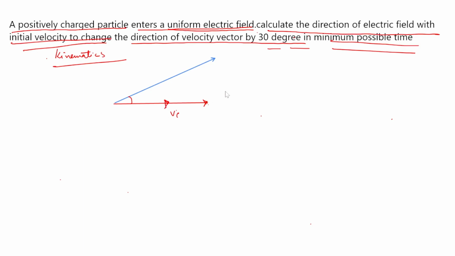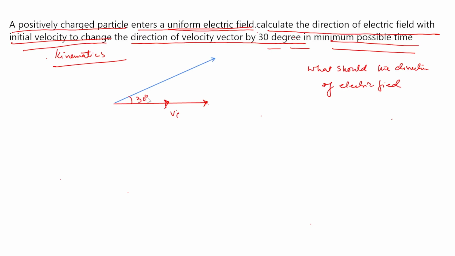Now the question asks: what should be the direction of the electric field so that we change the direction of the initial velocity vector by 30 degrees?